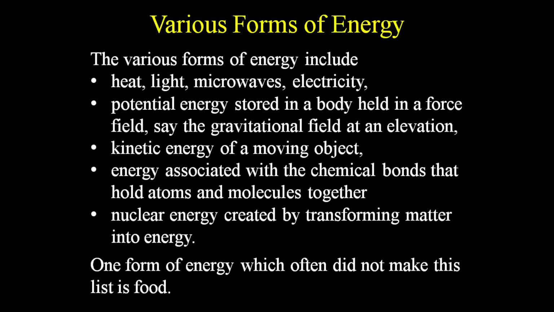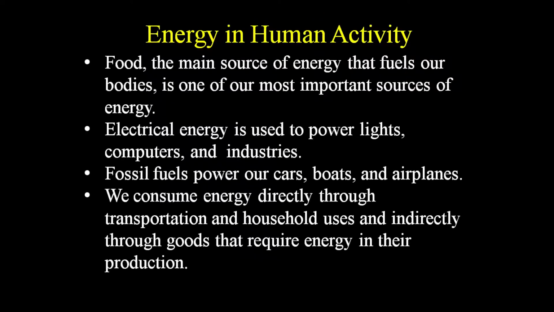One form of energy, which did not make the list above, is food. In fact, food, the main source of energy that fuels our bodies, is one of our most important sources of energy. Electrical energy is used to power lights, computers, and industries. Fossil fuels power our cars, boats, and airplanes.